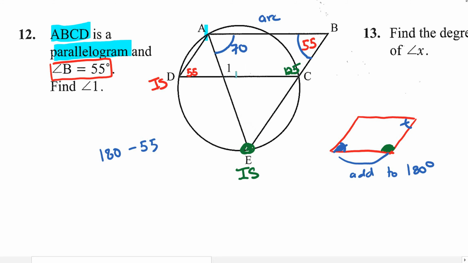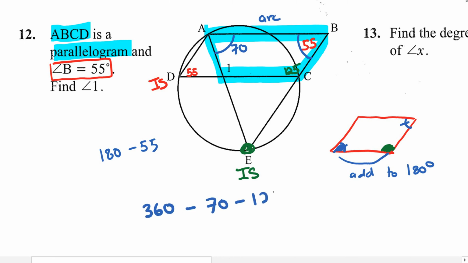Let's take a look at this four-sided shape right here in blue. Anytime you have a four-sided shape, the interior angles always add up to 360 degrees. So since we have 3 out of the 4 angles, I can find angle number 1 now by doing 360 degrees minus the 70 degrees minus the 125 degrees minus the 55 degrees. And if I do that correctly, I should get 110, I believe.